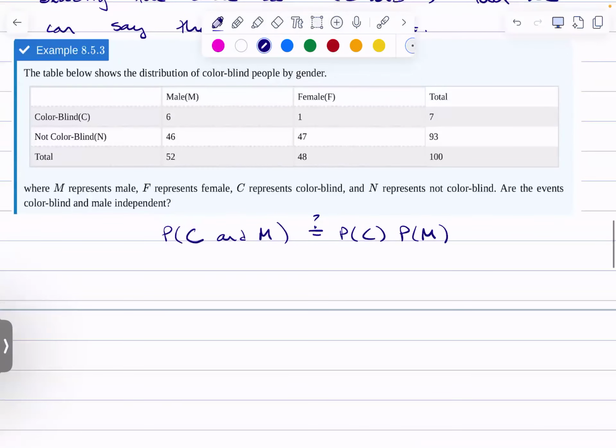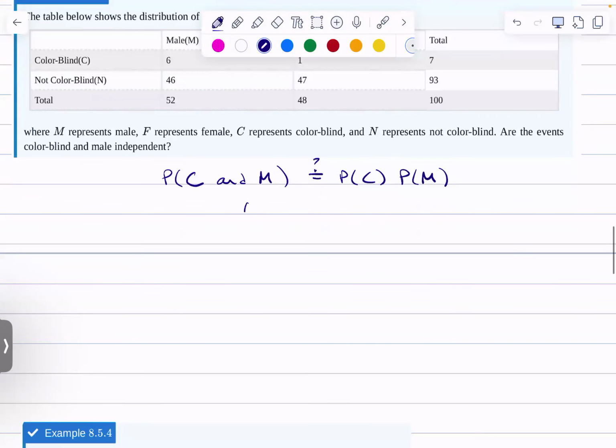So from the table, the probability of being colorblind and male is 6 out of 100. Still not sure if it's equal to, right? So I do want to see that question mark up above just to indicate that, hey, I'm just seeing if these two things are equal to each other.